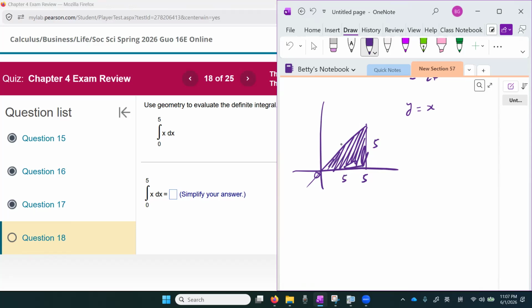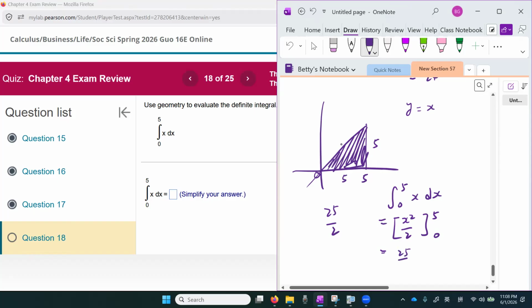Base is 5, height is 5. Multiply together divided by 2, so the answer is 25 over 2. If you use the integral method, the antiderivative is x squared over 2. Plug in 0 is 0. Plug in 5 is 25 over 2. It's the same thing, 25 over 2.